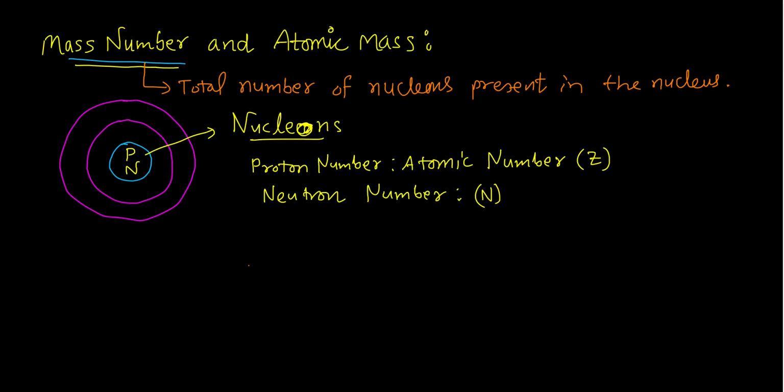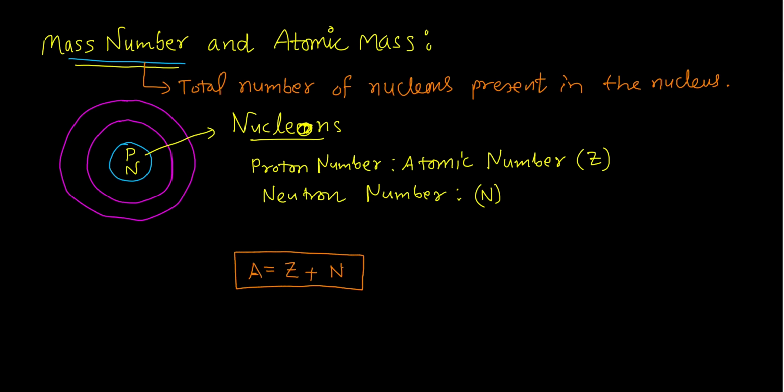Mass number is often represented by the letter symbol capital A. So capital A is the total number of protons, which is also known as atomic number, capital Z, plus the total number of neutrons, which we represent by capital N. So A equals Z plus N.